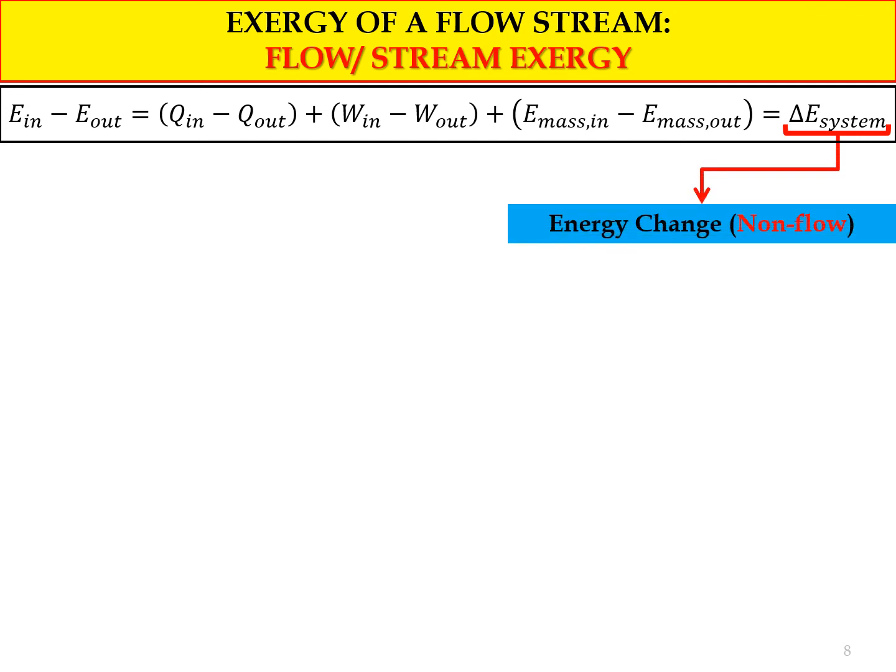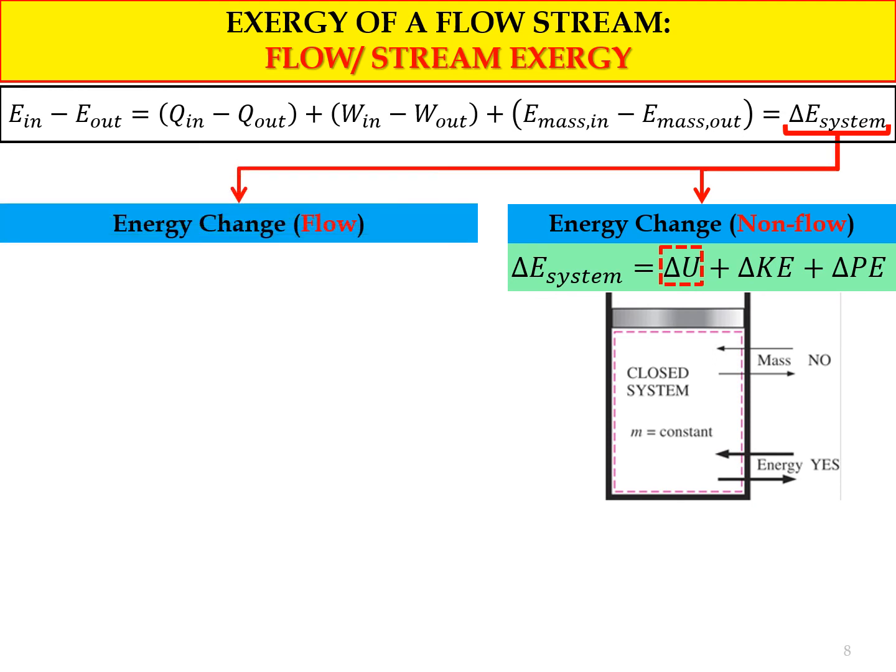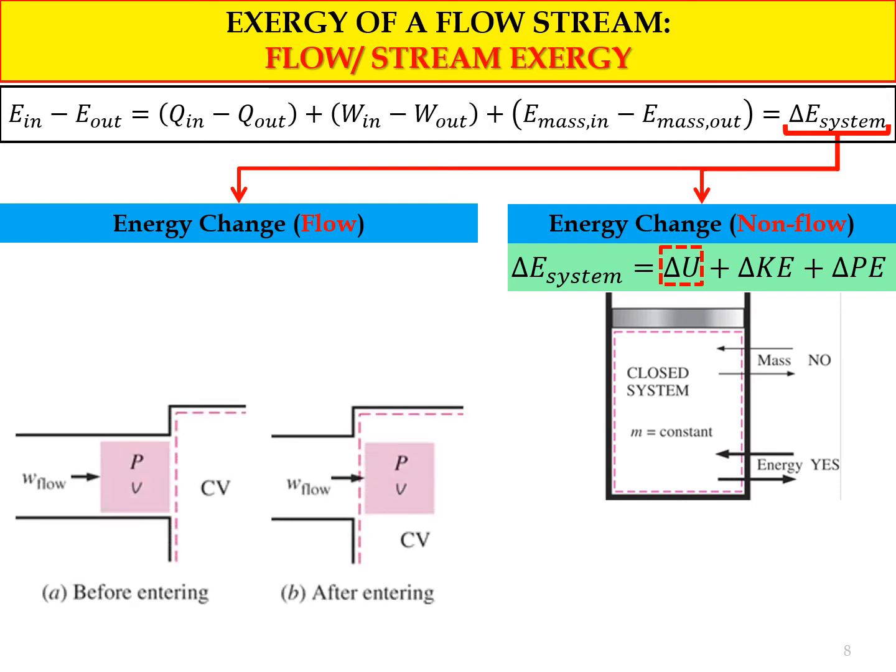First, we look into the energy change of the system for the non-flow system. So here is a closed system. Delta E system is equal to the summation of the internal energy, potential energy, and also the kinetic energy. So in this case, we only consider the internal energy, delta U. However, in the energy change for the flow system or the open system, we have the work done from the mass flow rate, which can be converted into flow work equal to PV, before entering and leaving.